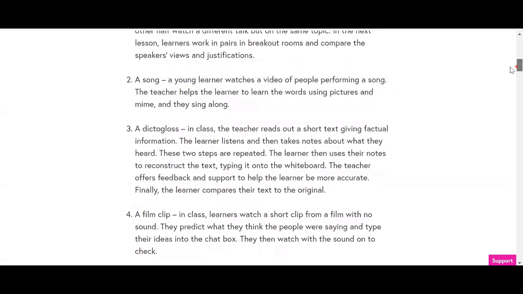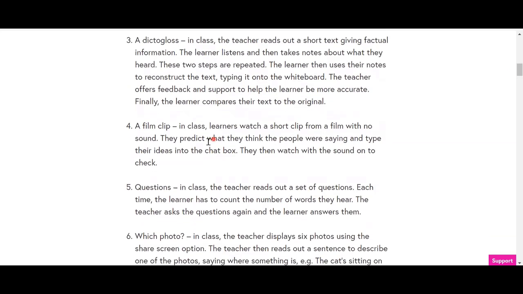And number four, a film clip. In class, learners watch a short clip from a film with no sound. They predict what they think the people are saying and type their ideas into the chat box. They then watch with the sound on to check.